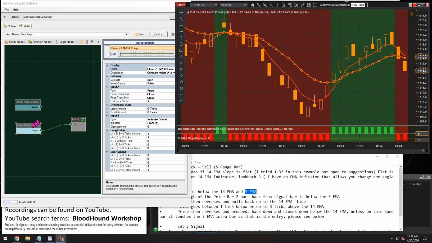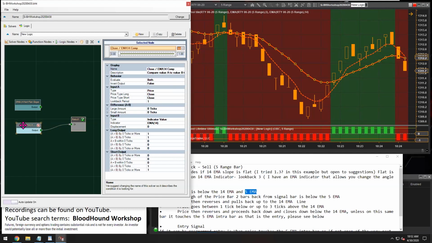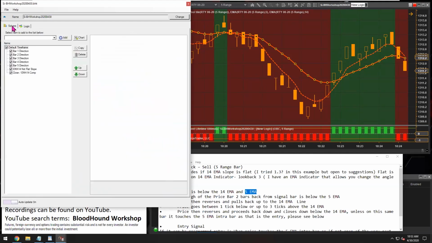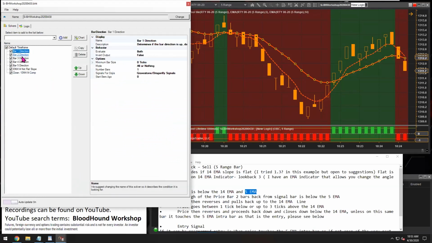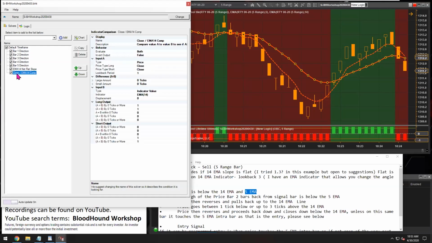So pretty simple, straightforward. Now, I could take a quick little shortcut here. If I click on the solvers tab, here's a list of all the solvers I've made so far. Here's the closing price versus the EMA14. I can make a copy of that, so I have two of them now.